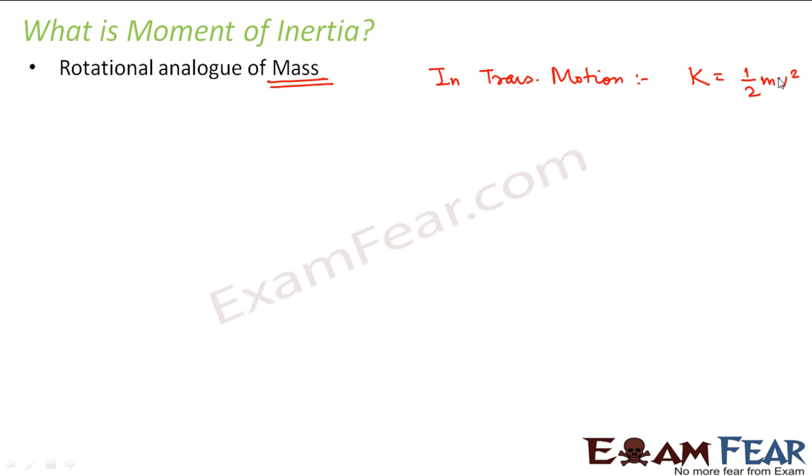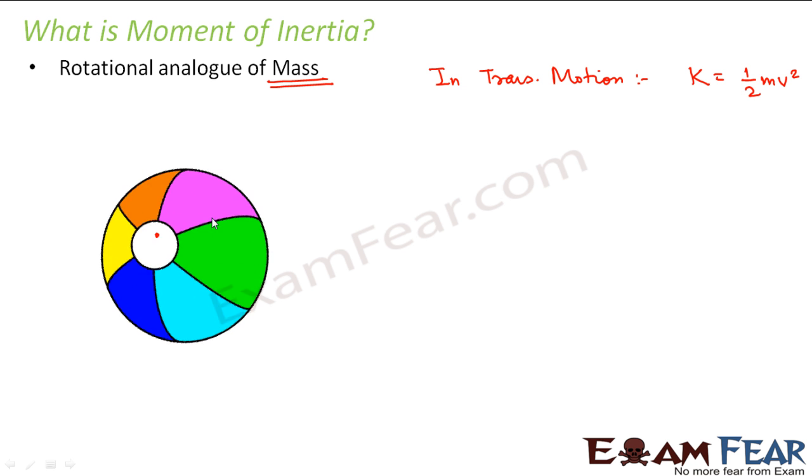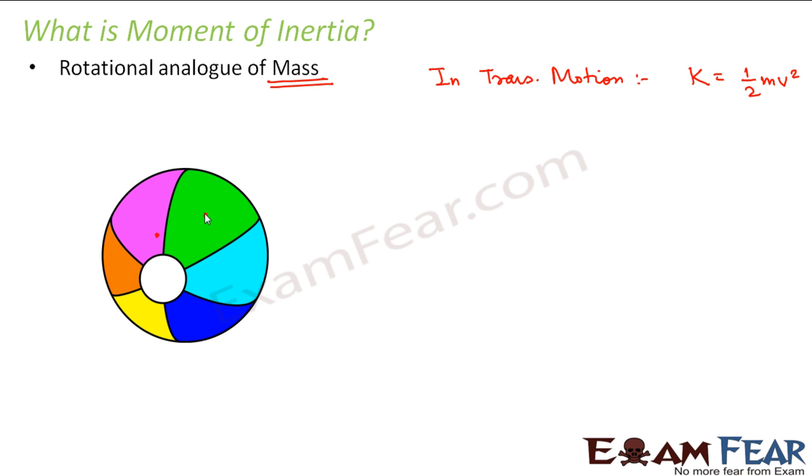Now we will deduce an expression for kinetic energy in the case of rotational motion. Let us consider any rotating rigid body. This rotating rigid body consists of several particles, some particle here, some particle there. There are so many particles inside this rigid body.